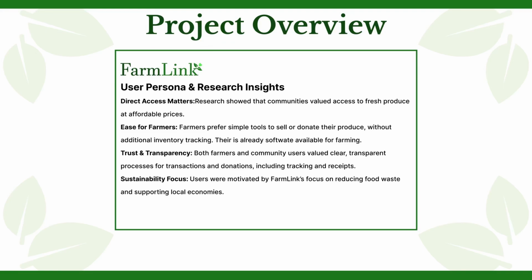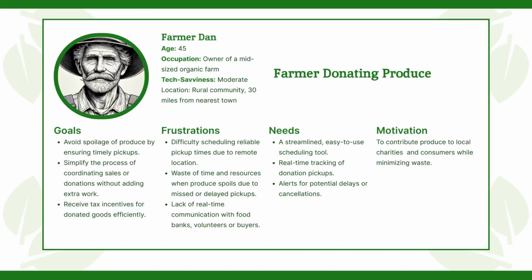So, of course, throughout the research process and the new updates to the application design, new user personas were made to really zone in on who the target audience is and what they would need from the application and what are their pain points. So through testing and research, the target audience was narrowed down to farmers who want to donate, sell, and the communities who want to buy fresh produce.